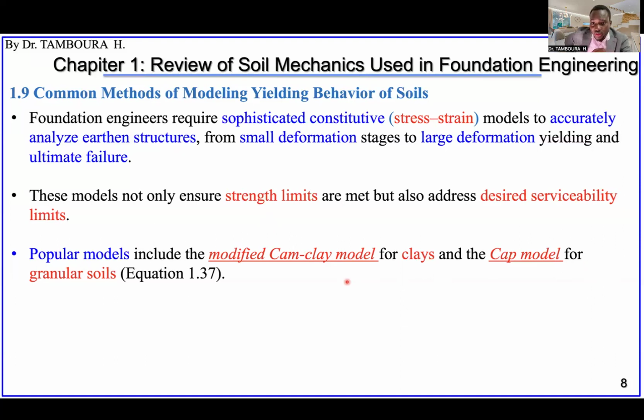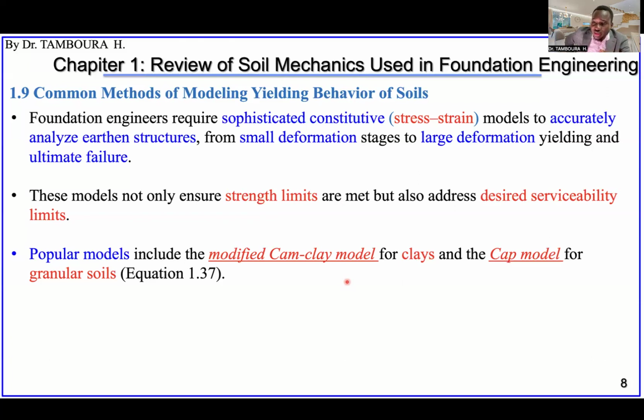It doesn't matter which model you are using, it will always be about a relationship between stress and strain. Or to make it very simple, the relationship between force and deformation, because the force will result in stress, and the deformation will result in strain.